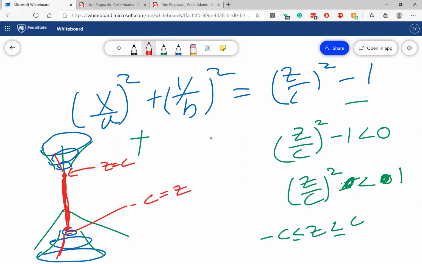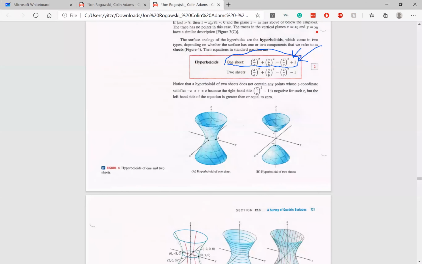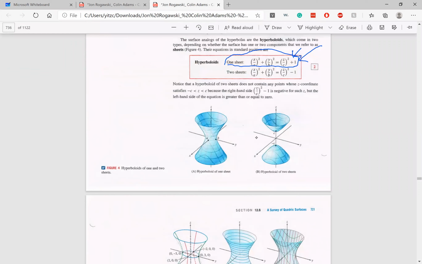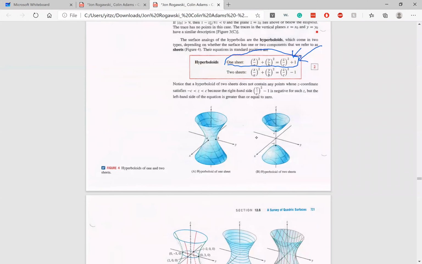And if we go back, okay, good. So that would end up looking like this. And that, like we said, from negative c to c, we do not have any solutions.